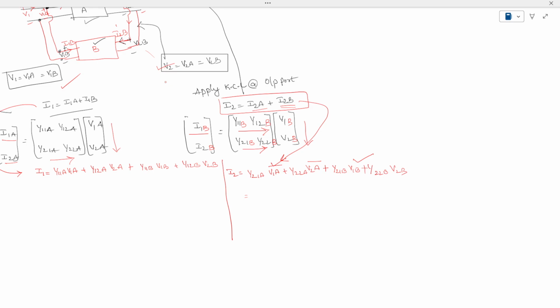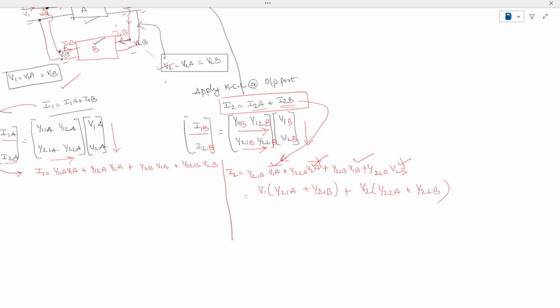Take V1 as common, we can write Y21A plus Y21B. Take V2 as a common term here, because V2A equal to V2B equal to V2. So when you take V2 as common, we get Y22A plus Y22B.